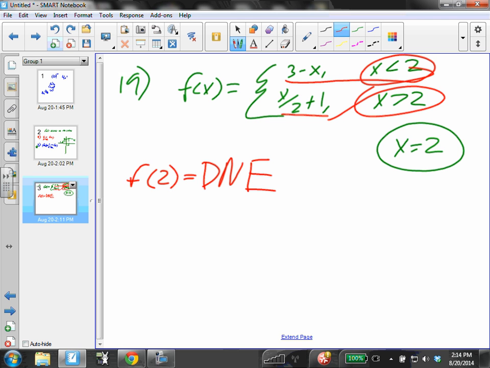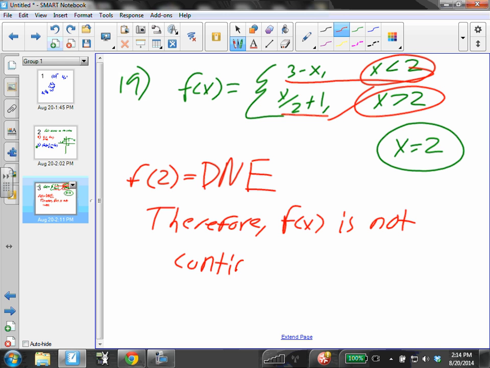Exactly right. Because this thing failed on step 1, the function can't be continuous there.